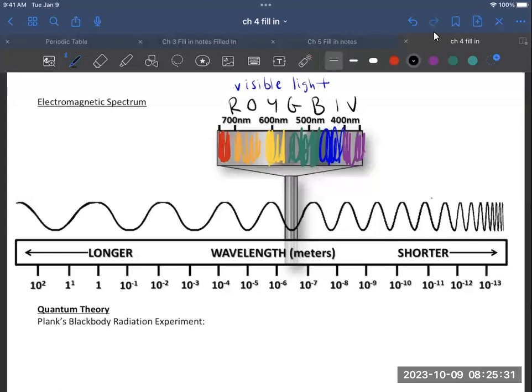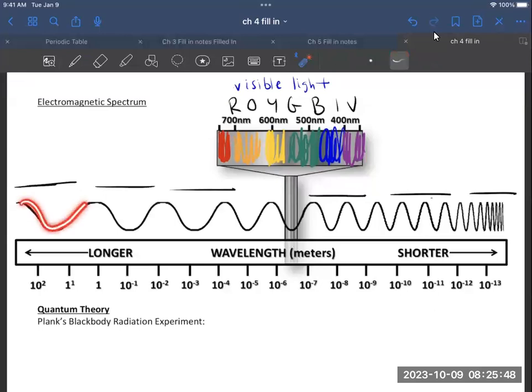And then there are other sections that we do interact with. So please add these lines here. We're going to add 3 over here and then 3 over here. Down on the low energy part, when the wavelengths are longer, this is a lower energy wave.